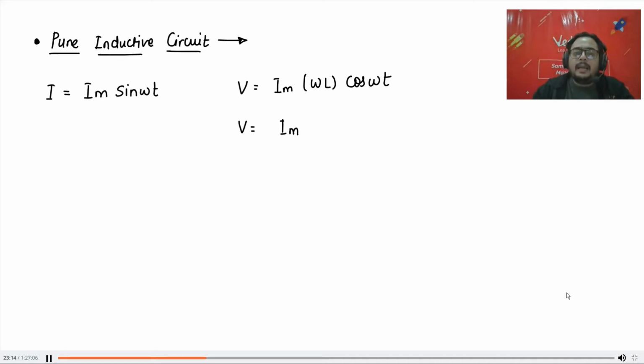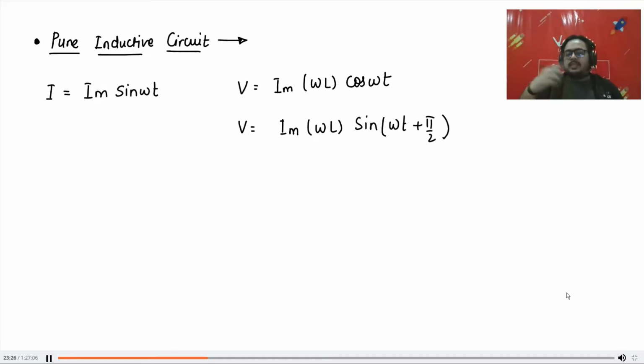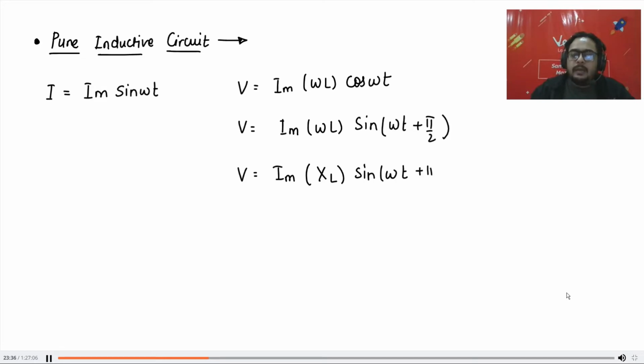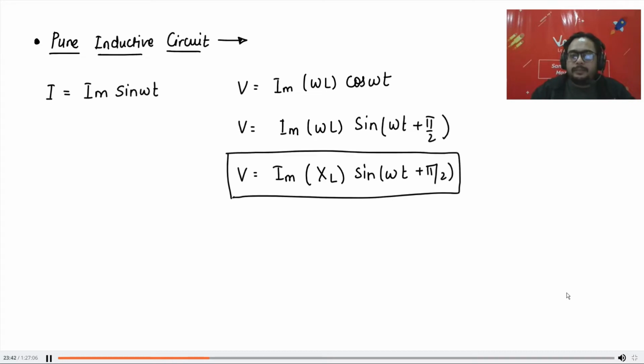I can write it as Im into omega L into sine omega t plus pi by 2. Sine omega t plus pi by 2 is cos omega t only. Then you write it like V is Im into XL sine omega t plus pi by 2. This is how you finally remember it.